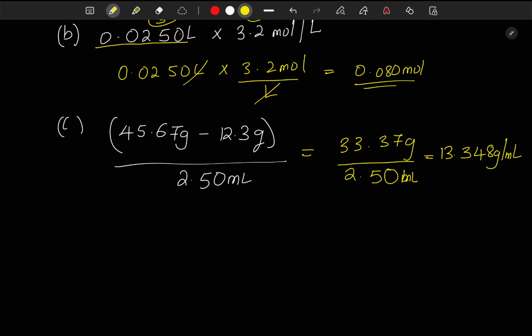Now, when dividing, the number here has got 3 significant figures, and here it has got 4 significant figures. So we go for the lowest. Our answer must have 3 significant figures. So our final answer is 13.3. If there was 5 here or any number above 5, we could have rounded it off, but we don't have, so it ends there. I think the instructions are clear, right? You're welcome.